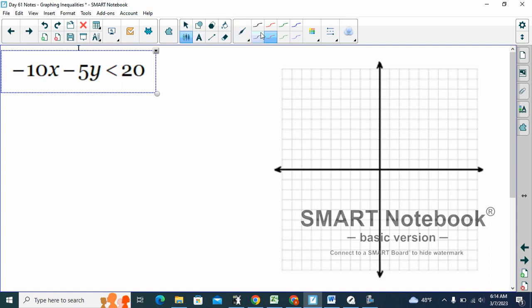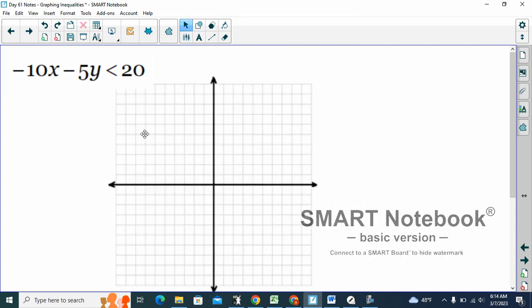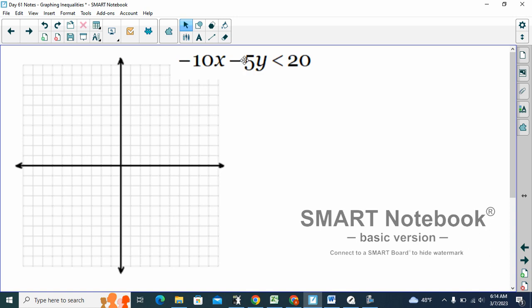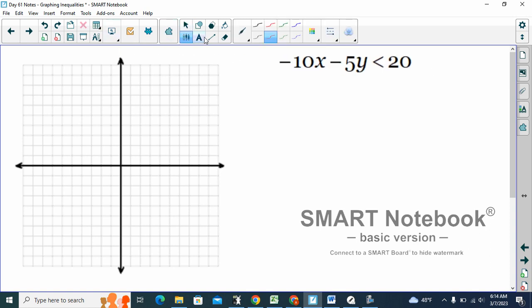Example 4 says negative 10x minus 5y is less than 20. This one can be done either with x and y intercepts or by changing to slope-intercept form, which is what I'm going to do.